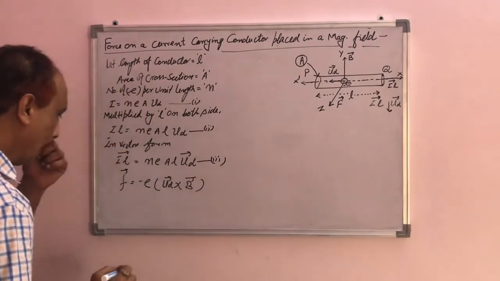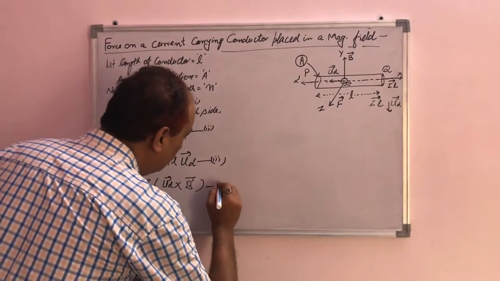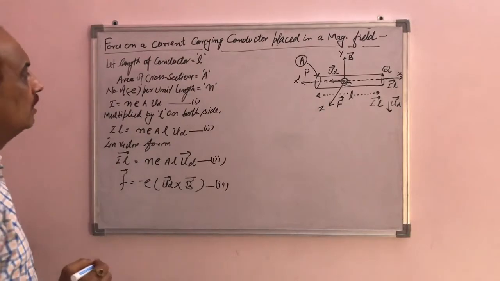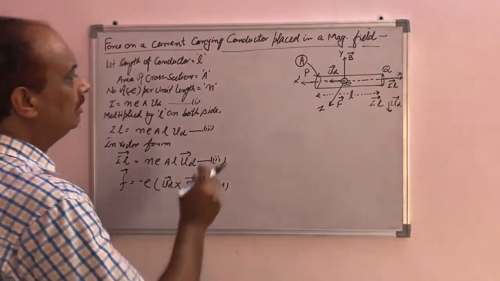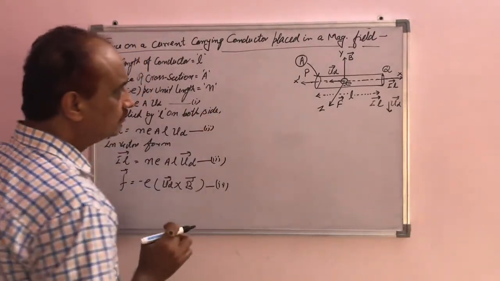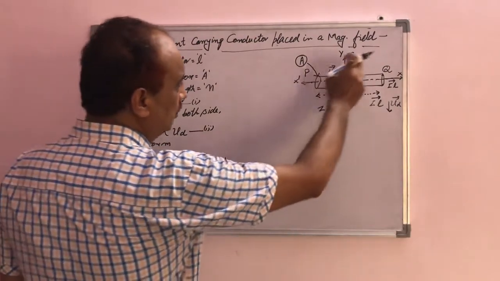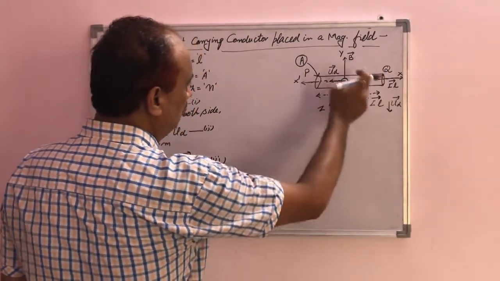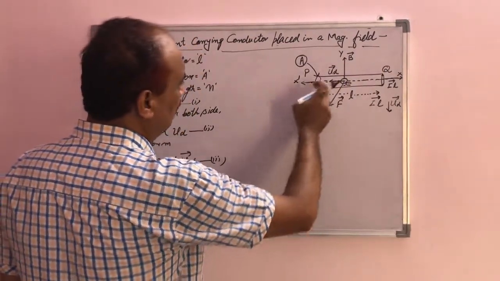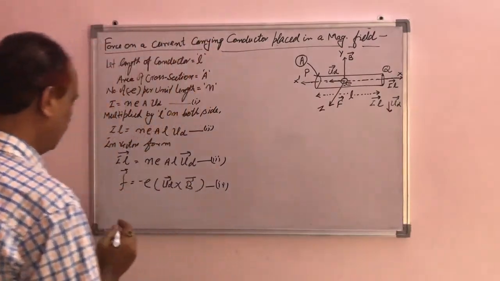This is the force acting on one electron, but the number of electrons per unit length in the conductor is n. So we can find the total number of electrons by multiplying by the volume of the conductor.